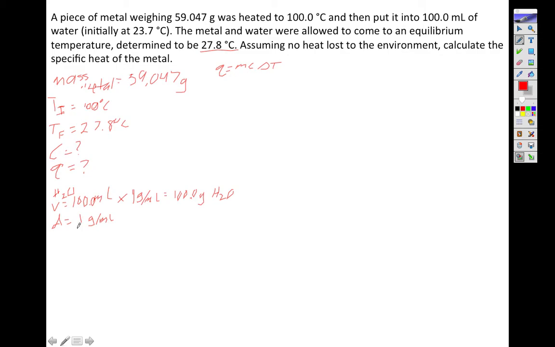I also know that I had water at an initial temperature of 23.7 degrees Celsius, and it reached a final temperature also at 27.8.